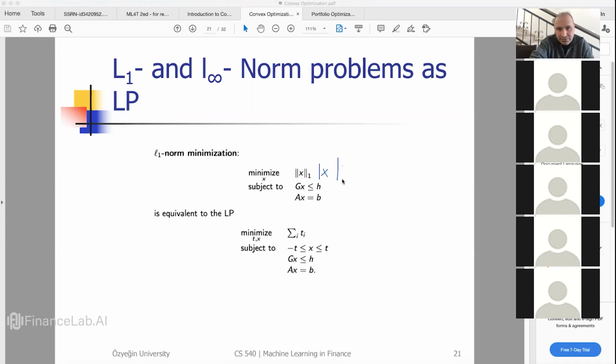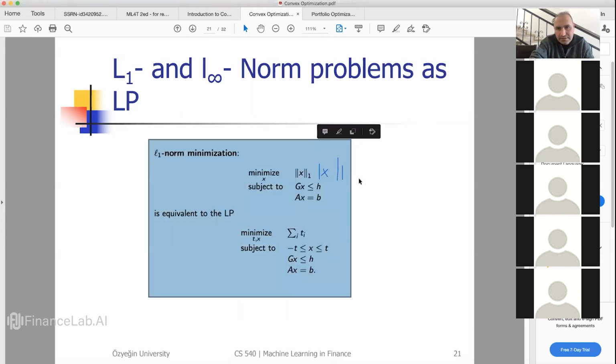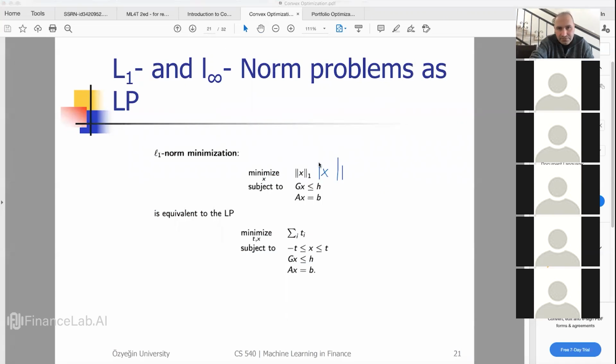And the L1 norm is the summation of absolute values of all entries in the vector, i from 1 to n. So this is the L1 norm. Again, this can be turned into an LP problem, where each entry in X is bounded by t vectors, and the t's are the ones that we try to minimize.